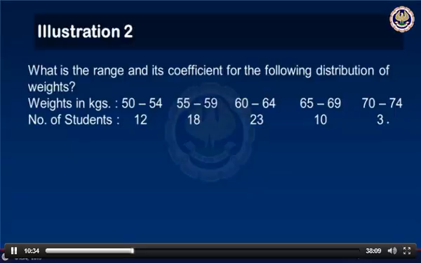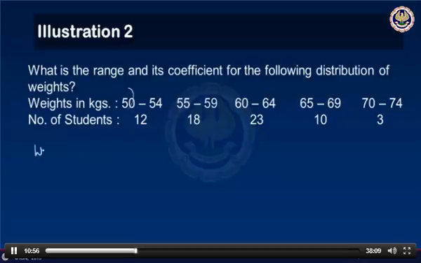Now let us look at the data. This is the case of inclusive class intervals. Here we have lower boundaries and upper boundaries; the lower limit can be reduced by 0.5 and the upper limit can be increased by 0.5. It can be written as follows.